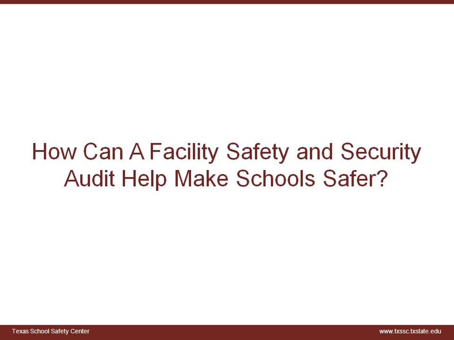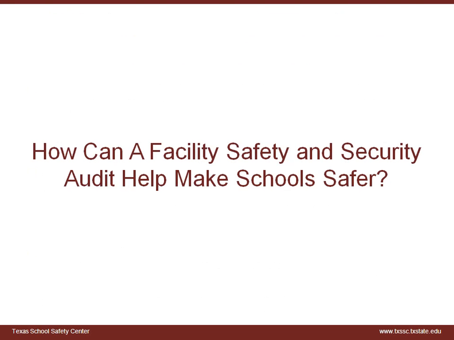So how can a facility safety and security audit help to make your school safer? Well, first off, this is an opportunity to evaluate access and control policies and procedures within your district. It's also a way to identify areas where unauthorized access is occurring, as well as ways to improve climate and culture.